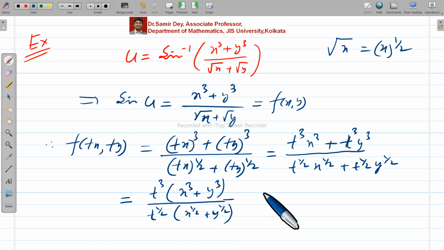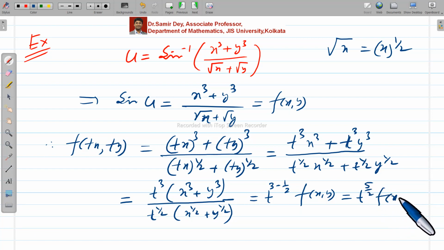So from here we may write t to the power 3 minus 1 by 2 times the function of x, y. So ultimately it is t to the power 5 by 2 times f(x,y).